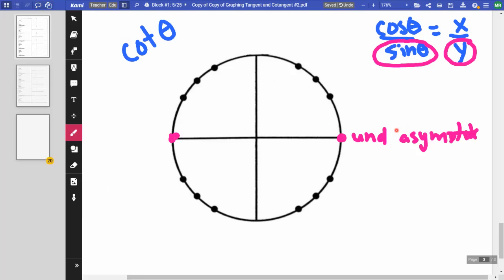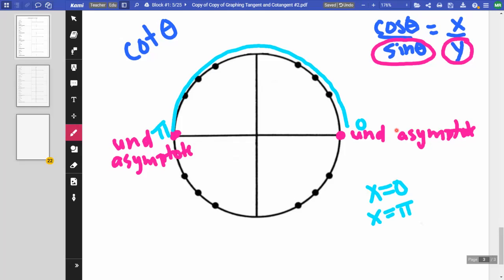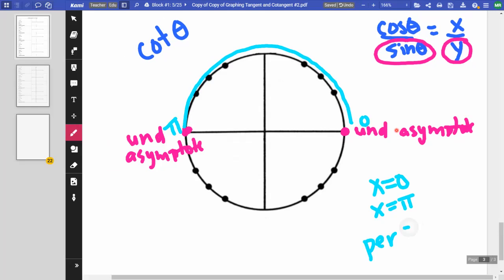And it's also 0 here. So again, this is going to be undefined or asymptote. So I am going to be going from 0 to pi, asymptote to asymptote. So I'm going to have one asymptote at x equals 0 normally, the other asymptote at x equals pi normally. And again, your period is going to be pi divided by b.